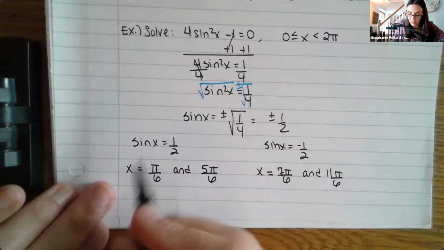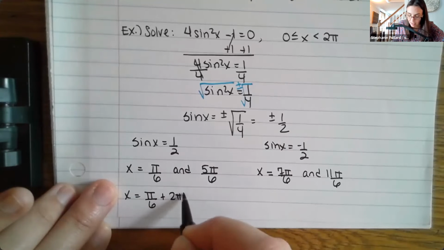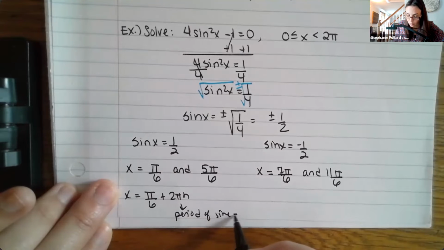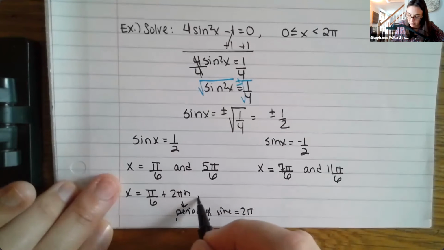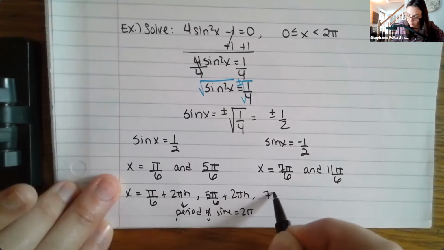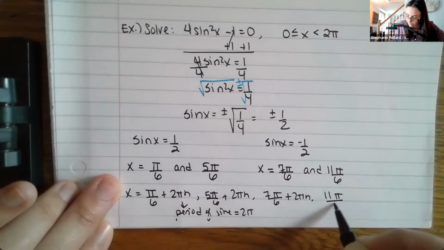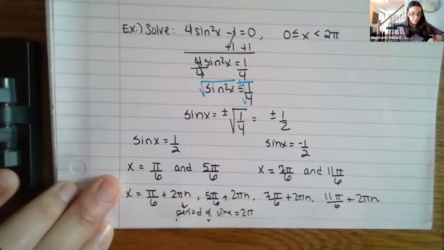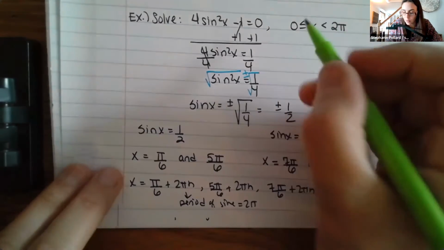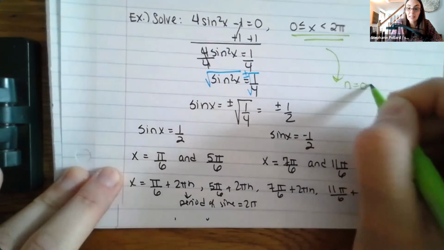Now, of course, if we didn't have a domain restriction, we would go ahead and add in that 2 pi n, right? Because the period of sine equals 2 pi. And same thing here. However, in this particular case, because you have the domain restriction, you really only need the values for n equals 0 here.